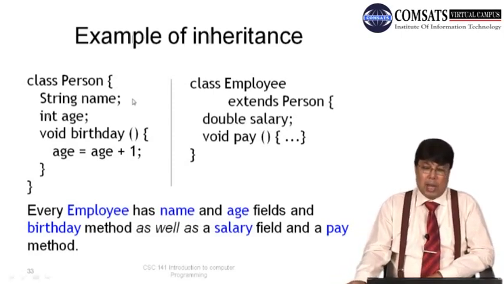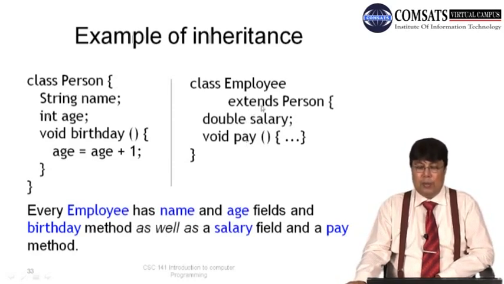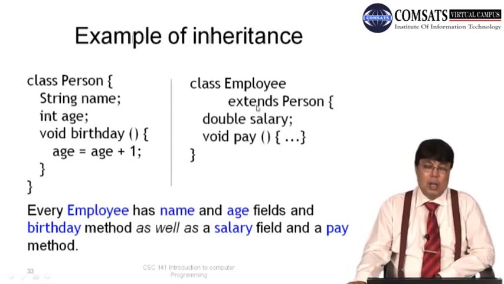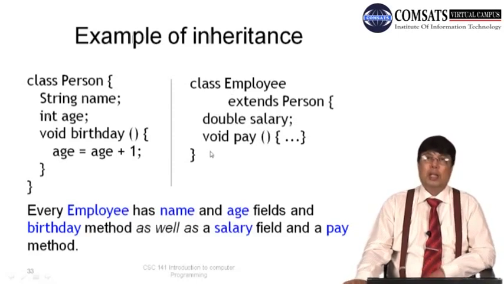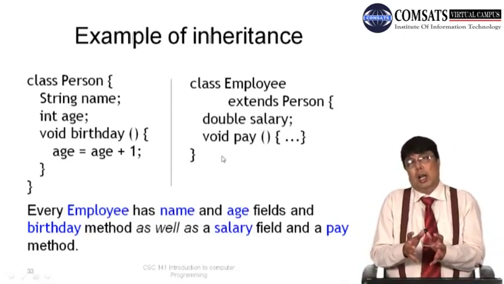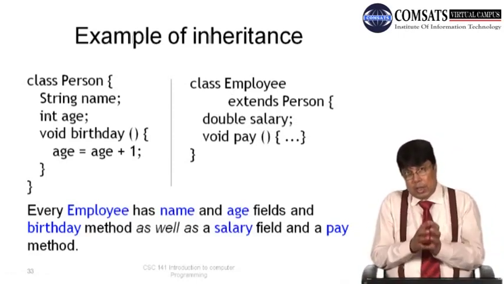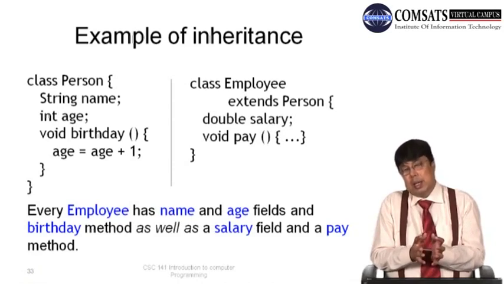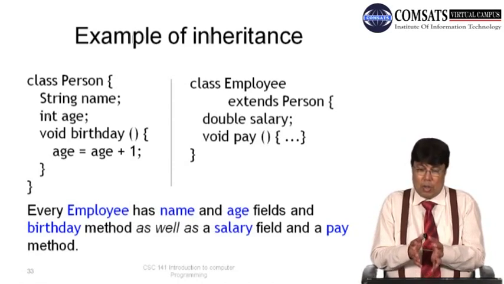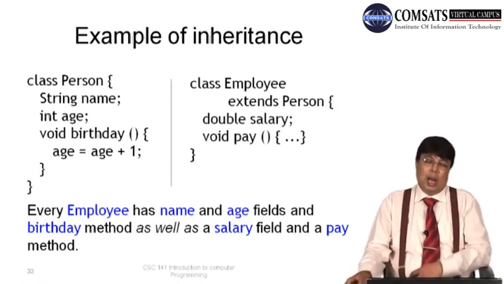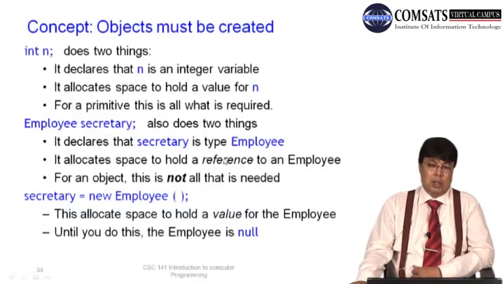So Person does not have a salary, Person does not have a method pay, but Employee has a salary, Employee has a pay, and Employee has got all the features that are inherited from the class Person. Because whenever you create an object of Employee, it will inherit all the features which are defined in Person, and it will already have some additional features that you are going to define in the class Employee. So that is the meaning of inheritance.